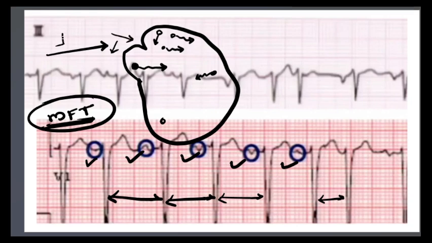That is why you are getting P waves of different shapes. Some are like this, others are like this, and another is inverted. So different shapes of P wave, but irregular heart rate. That is multifocal atrial tachycardia.